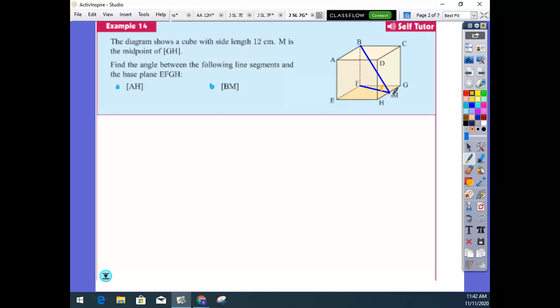The first thing we start with, I need to know a couple of things. I know this back side here is 12. Now I need to find this length here, and that will be a right angle.